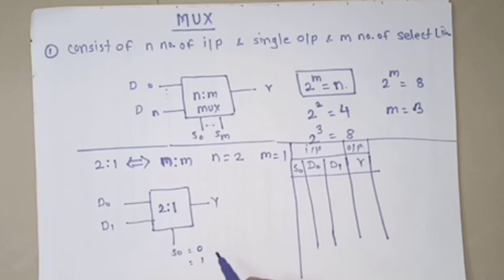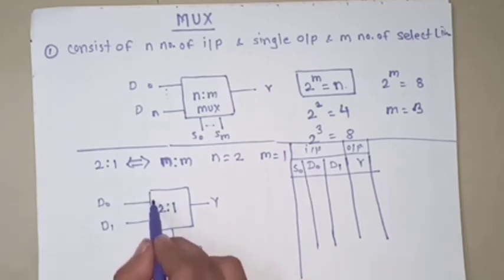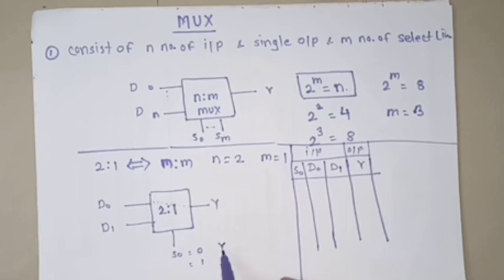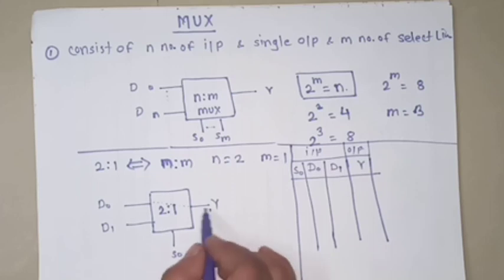If we consider S0 equal to 0, at that time it will connect D0 with Y. So when S0 equals 0, Y is D0.